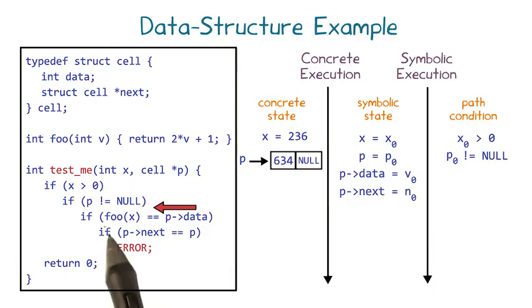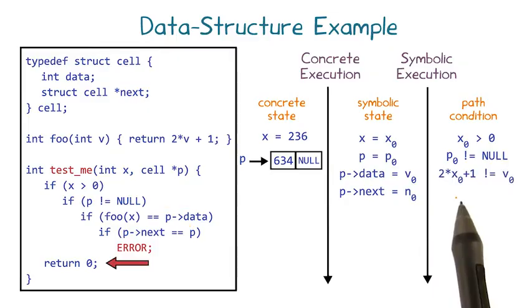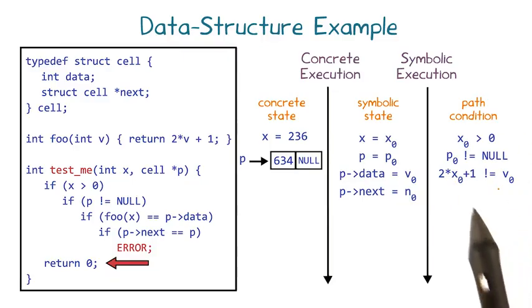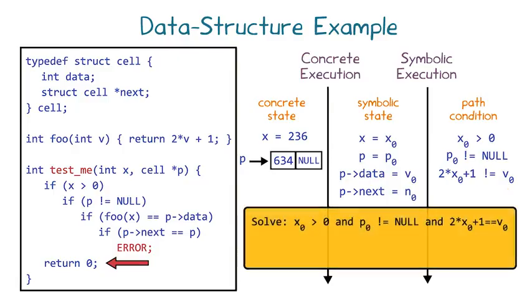But the third condition, foo of x equals p.data, evaluates to false. So the symbolic constraint 2 times x0 plus 1 does not equal v0 is added to the path condition. DSE then passes the path condition with 2 times x0 plus 1 does not equal v0 negated to the solver to attempt to find inputs that will satisfy the third branch condition.